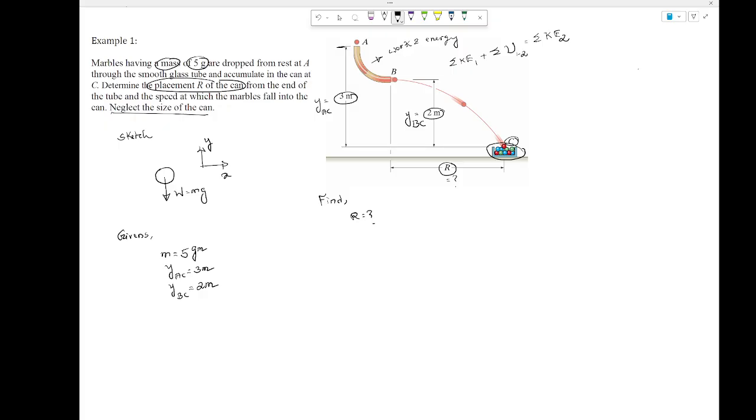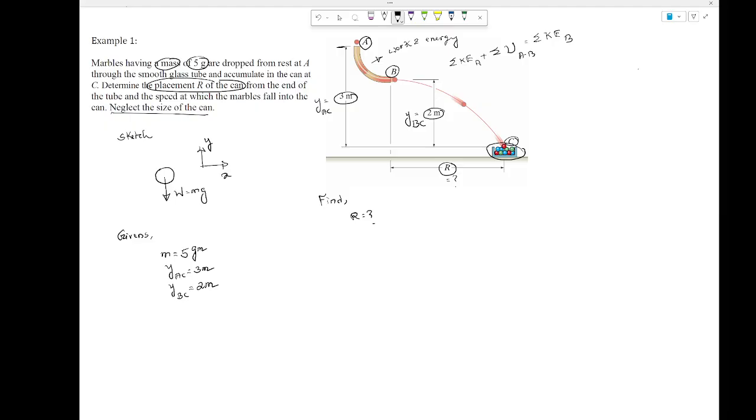In this particular case, 1 and 2 refer to going from A to B. So I can rewrite the whole thing here: A to B, and then B.